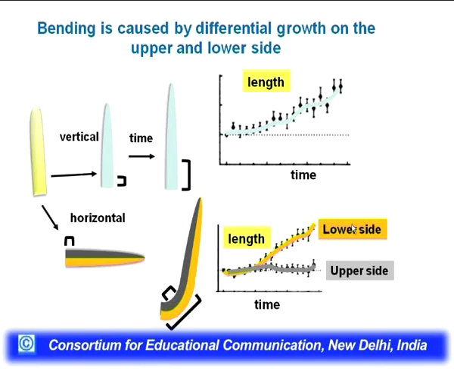So, exactly as I told you in the previous case, here also in response to gravity, the cells on the downside of the shoot tip or coleoptile grow longer. So, it goes up.